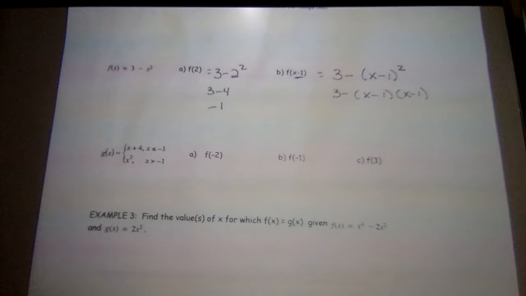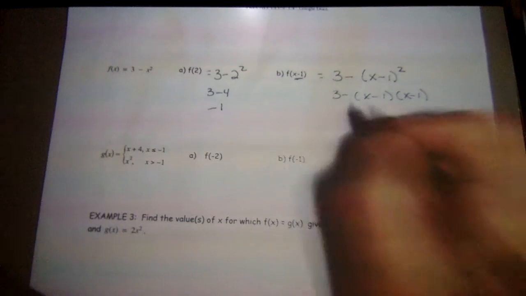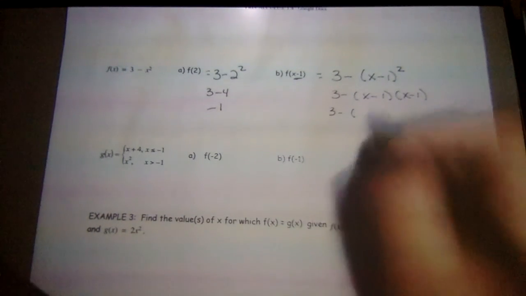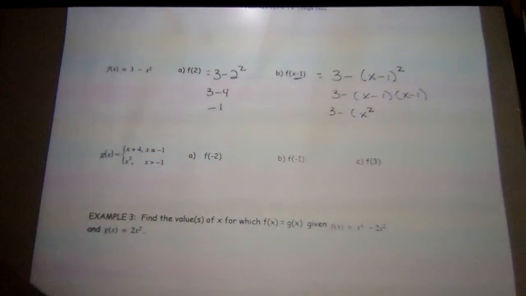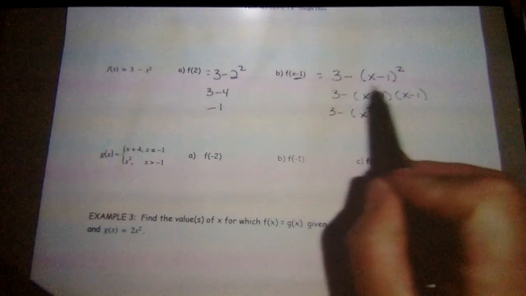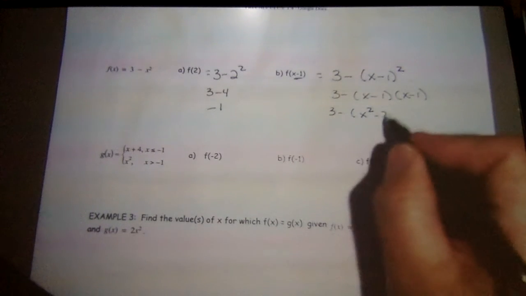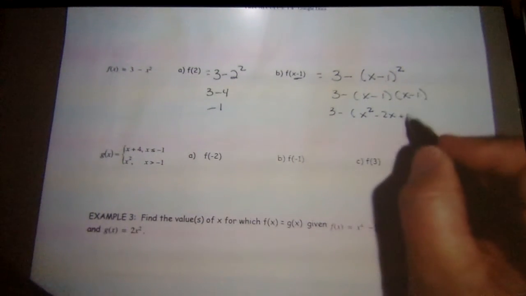Good job, because many students tell me that if it's x minus 1, they just square the first, they just square the last. This is also one of our special products: if it's x minus 1 squared, you square the first term. The middle term is these two multiplied together and multiplied by 2.